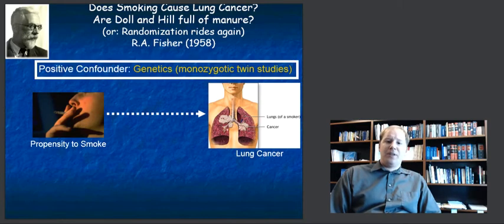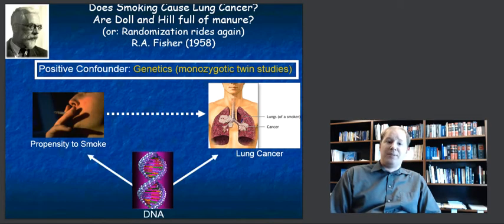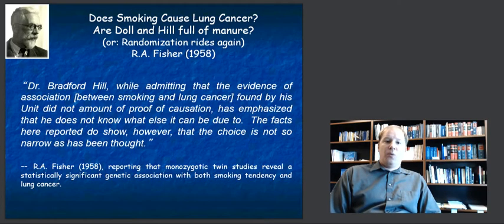And what he found, when he looked at these twin studies, was that there was a potential confounder, namely genetics. He found statistically significant associations for twin studies, in which the twins share the same DNA, with a propensity to smoke and a likelihood of getting lung cancer. Therefore, what R.A. Fisher wrote in his article was that Dr.